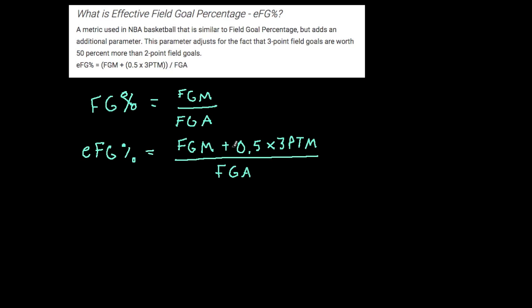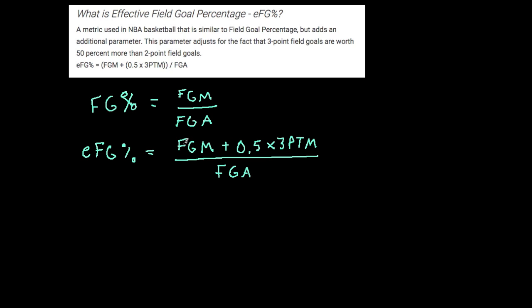And this is actually the same as the true shooting percentage, except the true shooting takes into account free throws attempted and free throws made. This only takes into account field goals made and field goals attempted, not free throws. True shooting does both, and some people prefer true shooting for that reason.